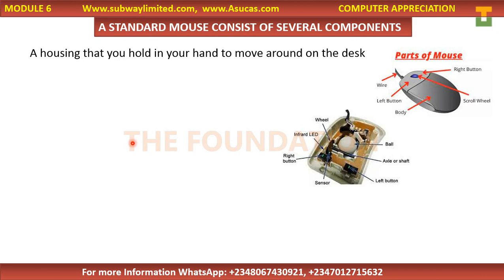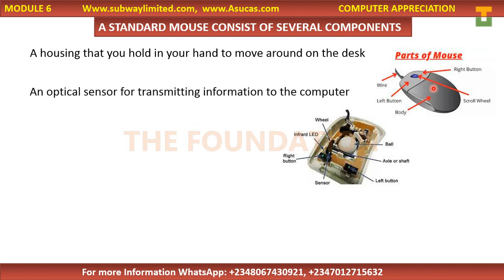So a standard mouse consists of several components. A housing that you can hold in your hand to move around the desk. This is the housing, the body. Then an optical sensor for transmitting information to the computer.